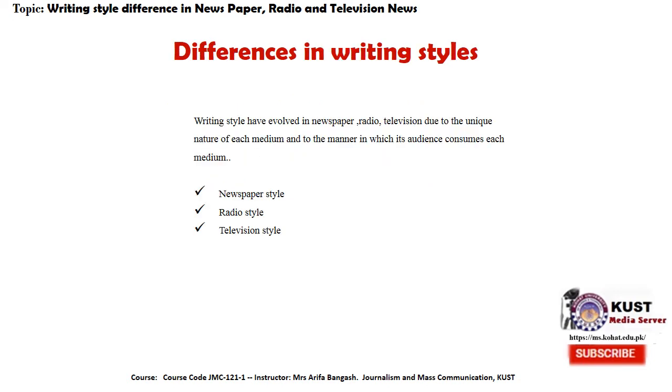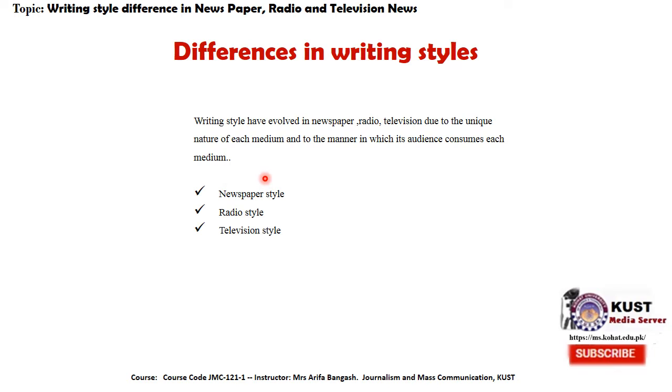Now I will explain differences in writing style. The differences are not due to coincidence. Writing styles have evolved in newspaper, radio, television due to the unique nature of each medium and the manner in which its audience consumes each medium.